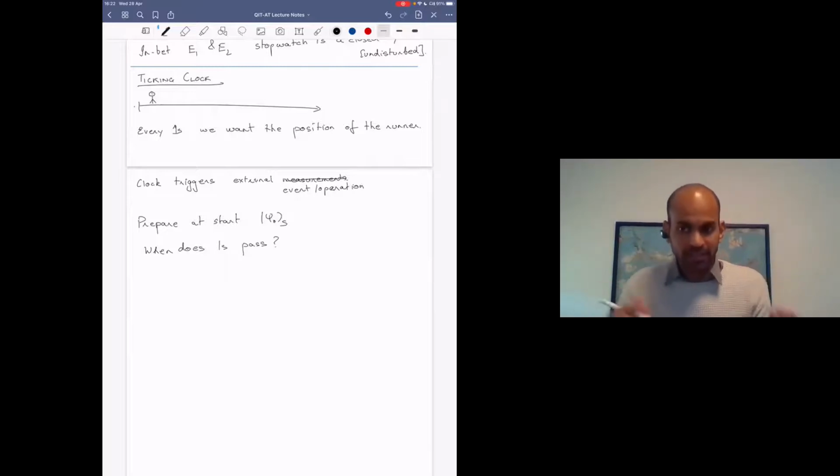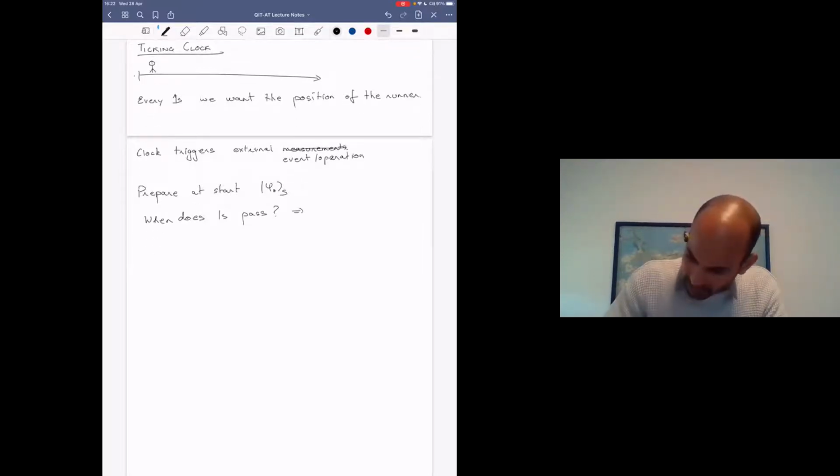Because there's no way it can decide arbitrarily at a random time to say, well, I'm going to measure and check now whether 1 second has passed or not, because by that time it might be 5 seconds or 7 seconds or 10 seconds. The only way to actually be guaranteed that it will tell us 1 second has passed at an appropriate unit of time is if it continuously checks if 1 second has passed.